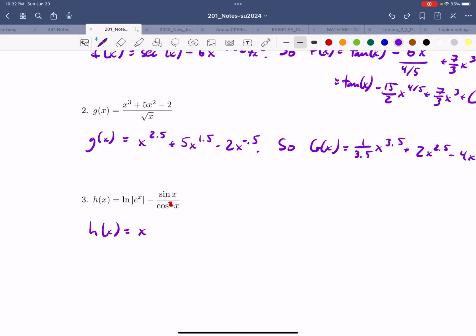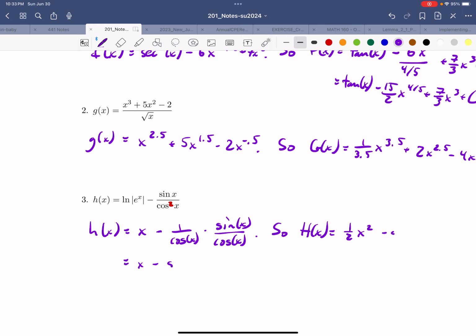We should remember that. And then this requires a little bit of cleverness, but we can write this as 1 over cosine of x times sine of x over cosine of x. So big H of x is going to equal 1/2 x squared minus, oh, sorry, actually, let me write this.